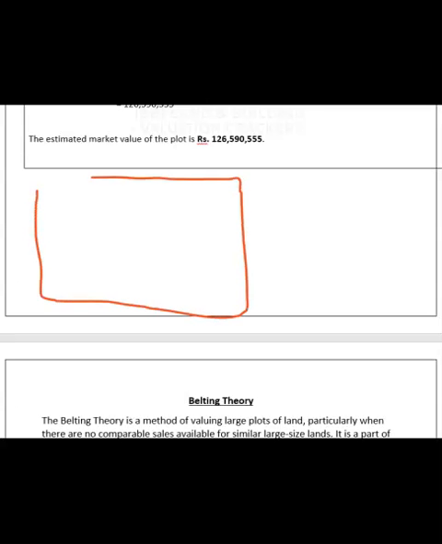First, you assume you have a very large plot, a 10,000 square meter plot, and you have sale instances of 150 square meter plots, or 200 square meter plots.